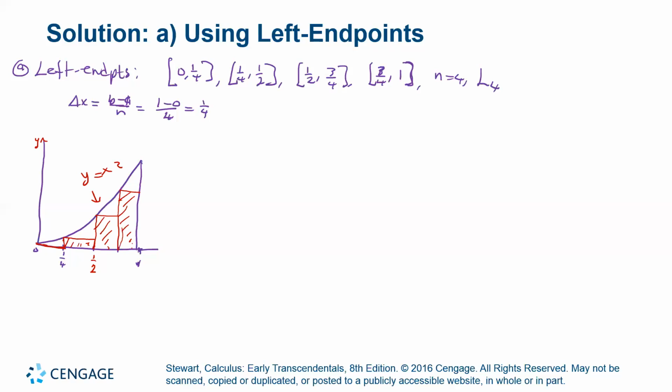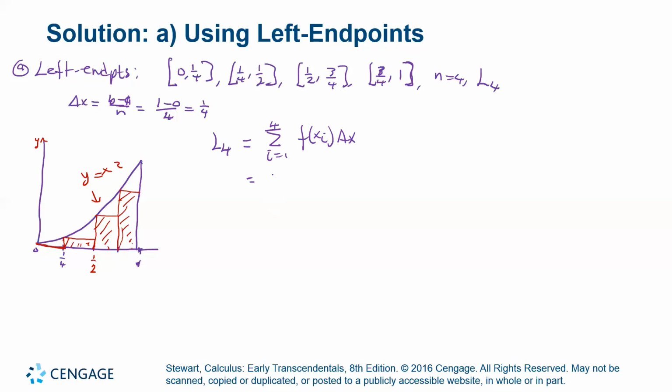My L4 is given by this formula. So L4 is equal to the sum from i equals 1 to 4 of the function f of xi times delta x.